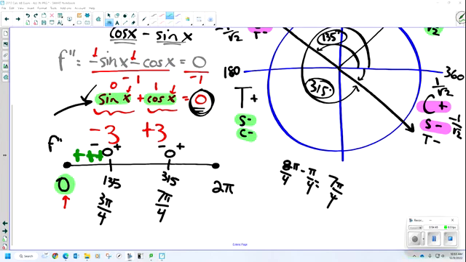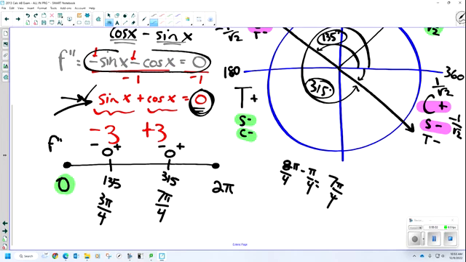In fact, let me back that up. I can't use this because I factored out the negative 1. I've got to use this one as my second derivative. So let's redo that again. I'm going to put my 0 right here into this x.